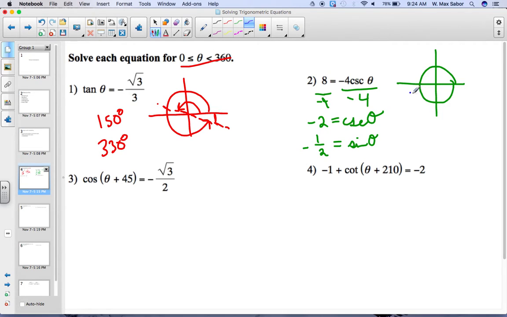Well, sine is the y-coordinate. So there are two places once again. This is at 180 plus another 30, so 210 degrees. And then another place happens over here at 330 degrees.